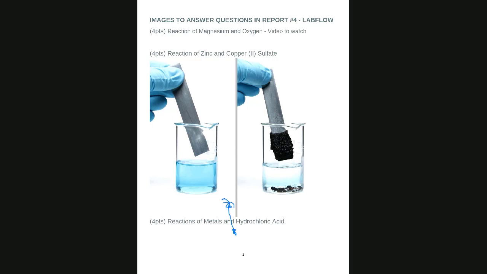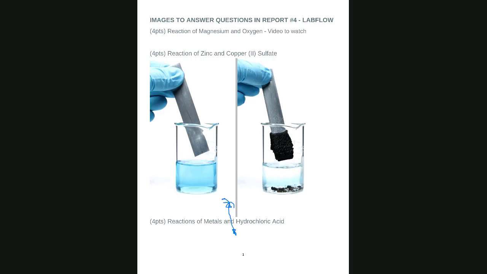And this solution is the copper sulfate. So we start with a solution of copper sulfate, and we put the metal zinc inside. And then they will show you in the second image, they will show you this.